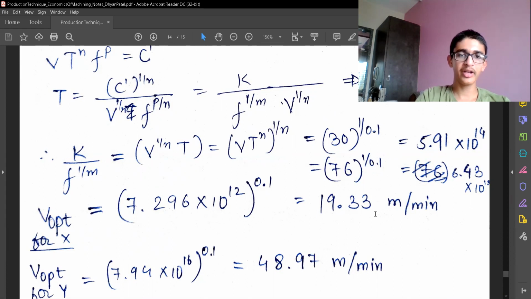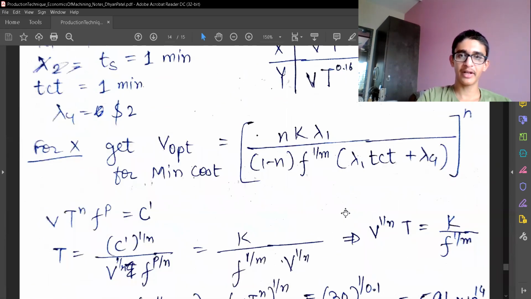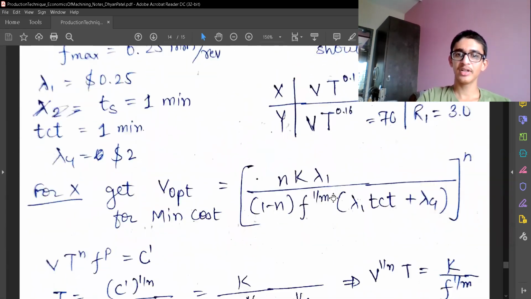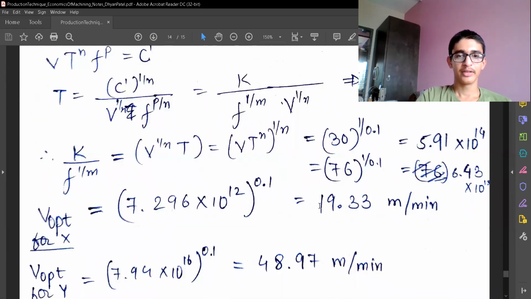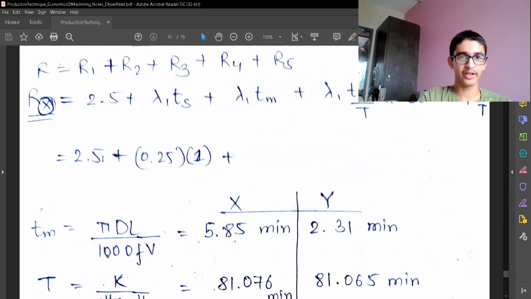But you should not infer anything directly looking at the values of the material cost, or from the values of V optimum or feed rate. You should calculate all the values till the total optimum cost, and only then decide which material is going to be better, and which machining parameters, the velocity and feed rate, are better.